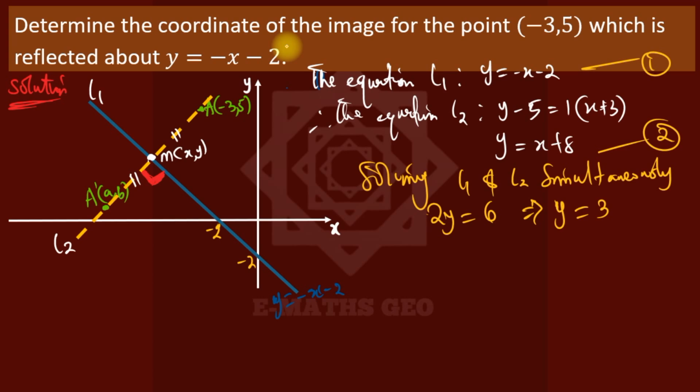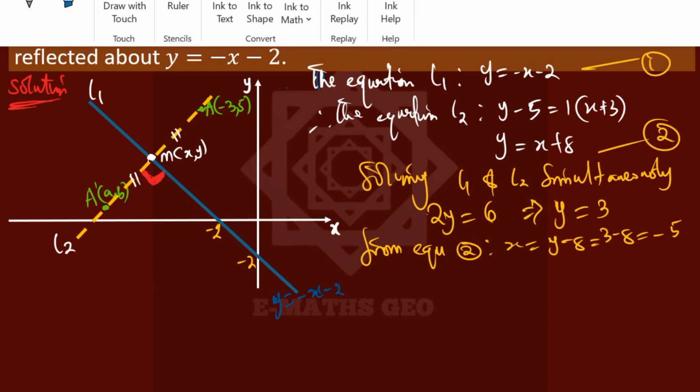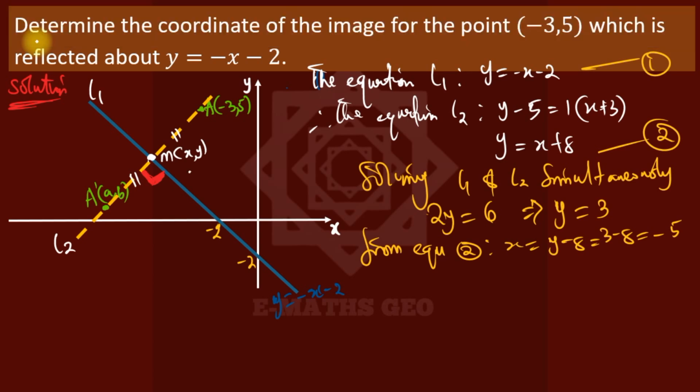And since y is 3, from equation 2, x will be y minus 8, which is 3 minus 8, which is minus 5. So this point, the midpoint, is (-5, 3). Okay, so we've gotten the midpoint.